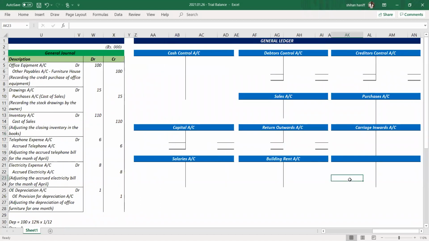So these are the ledger accounts that we need in the general ledger.